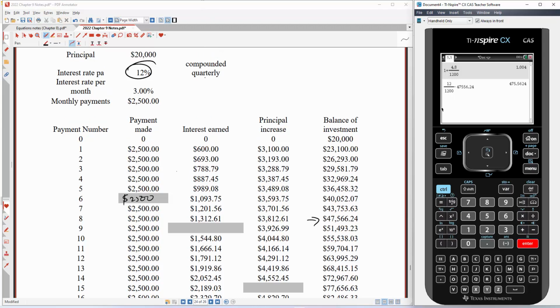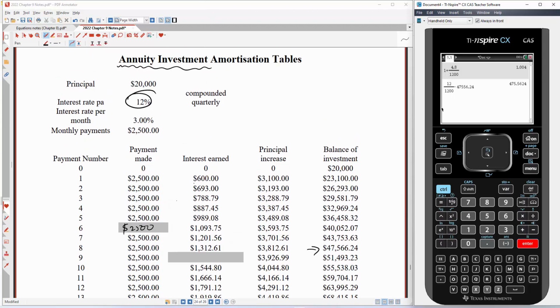Oh, compounded quarterly. Good one. Okay, so it's compounded quarterly. So this should be, let's edit that, to 100 times 4 instead of that amount, and that's better. 1426.6869.